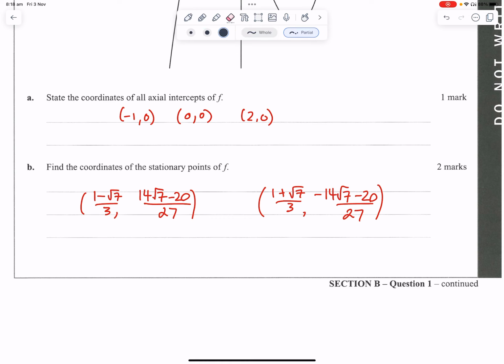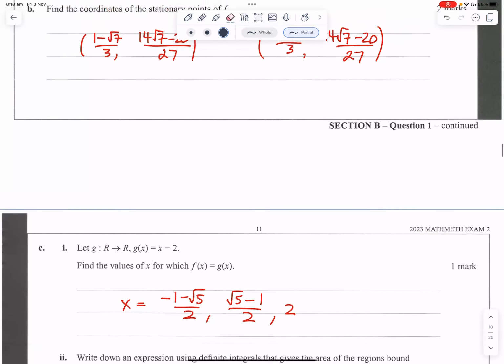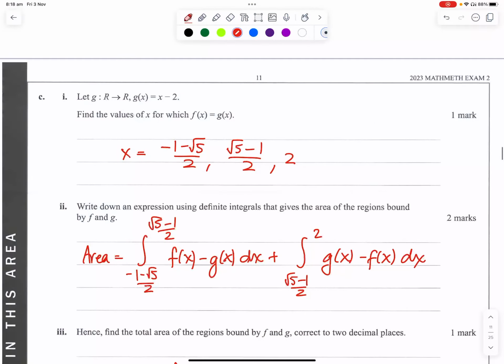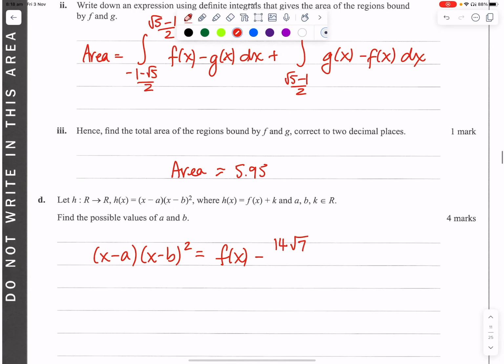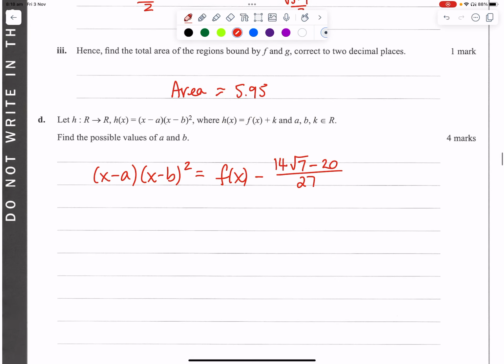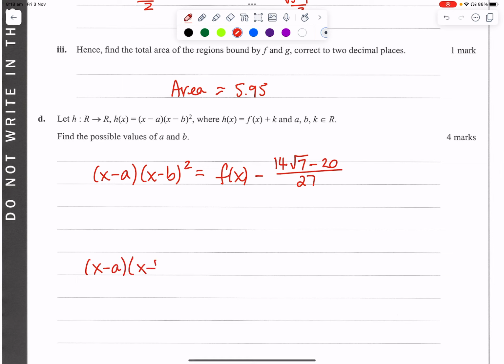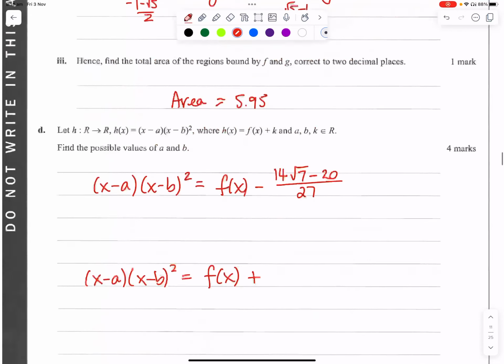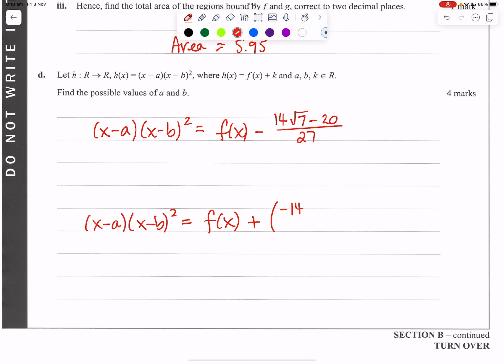So 14 root 7 minus 20 on 27, or x minus a, x minus b squared is equal to f of x plus, now that's actually going to be negative 14 root 7 minus 20 on 27.